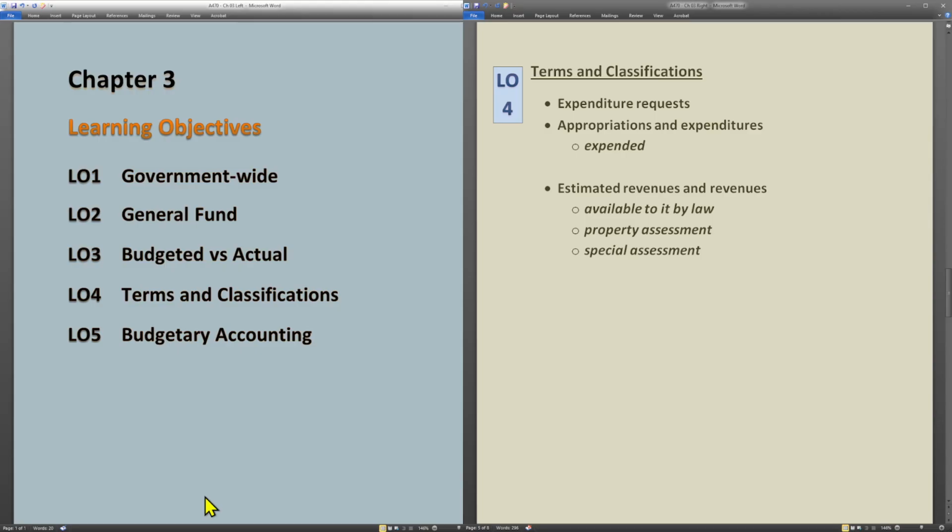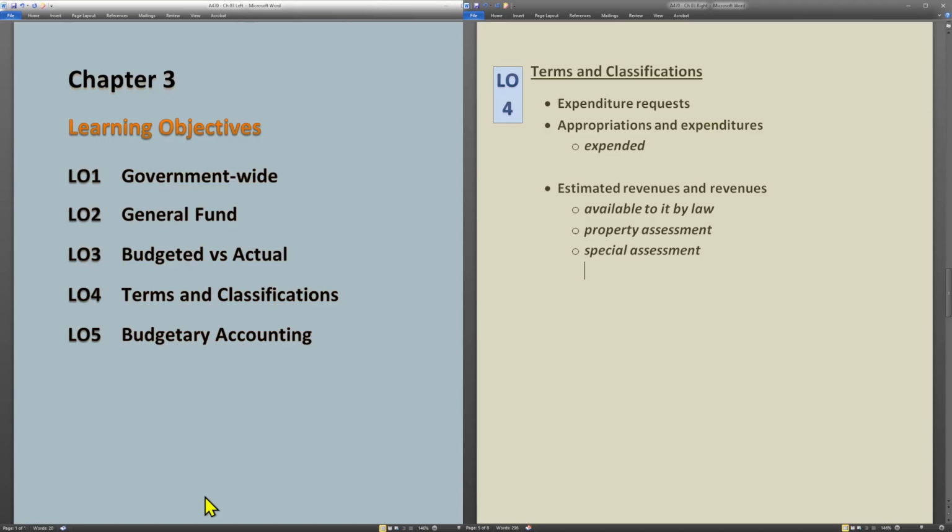But because GASB has a rule specifically for property taxes, a lot of times state and local governments just go ahead and accept 60 as kind of the norm, even though it's not required for anything except for property taxes. And so 60 days after the end of the fiscal period is a common definition of available, but it's not required for anything except for property taxes.